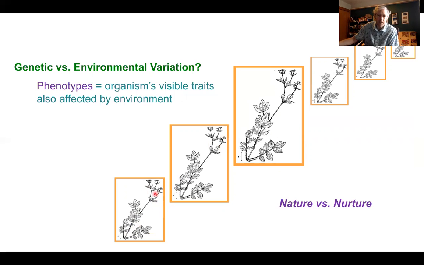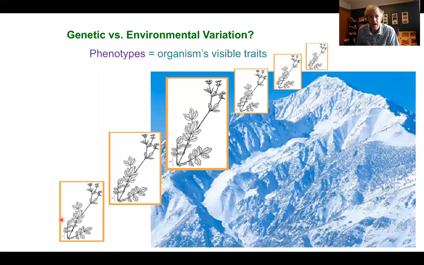When we look at where these different sized plants exist, we see changes in the phenotype, changes in the organism's visible traits, as we move up and down a mountain.